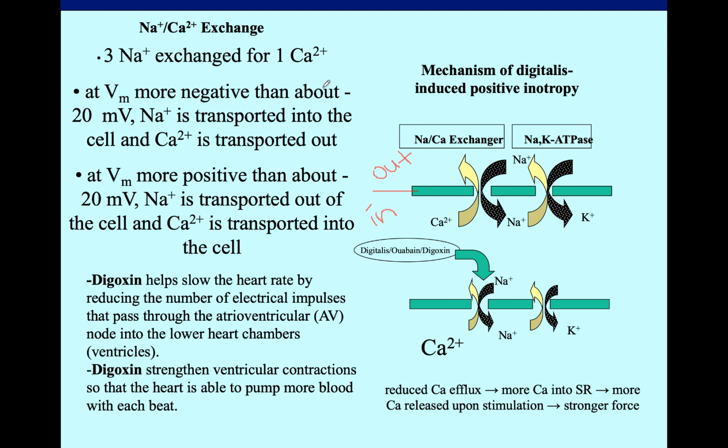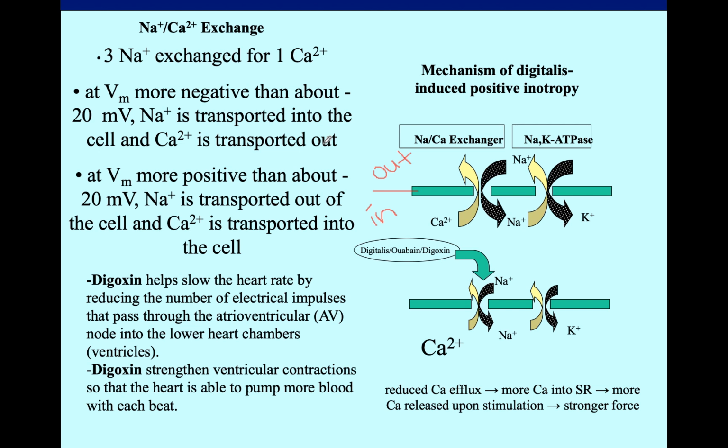So when you're more negative than negative 20 millivolts, that means you're at rest. You're not being activated, you're not depolarizing. And when you're at rest, again, the goal is to get calcium out of the cell, which is why the direction of the sodium-calcium exchanger is going to be moving sodium into the cell and calcium out of the cell.